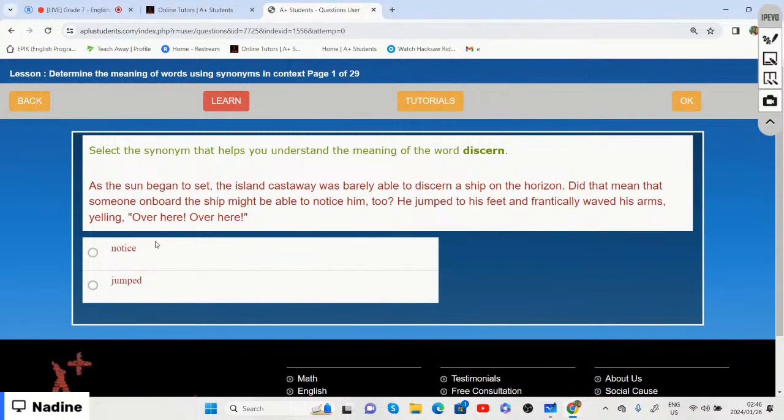So we need to find the synonym that helps you understand the meaning of the word discern.